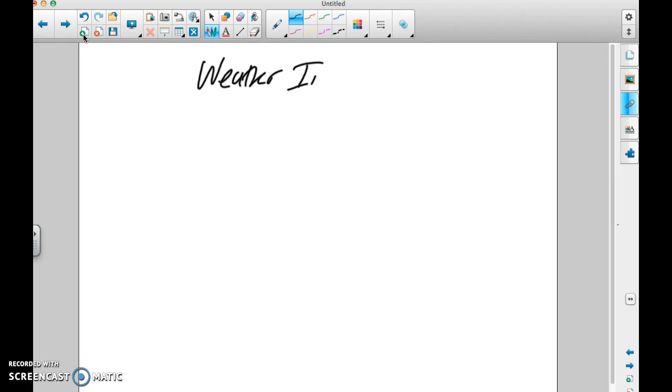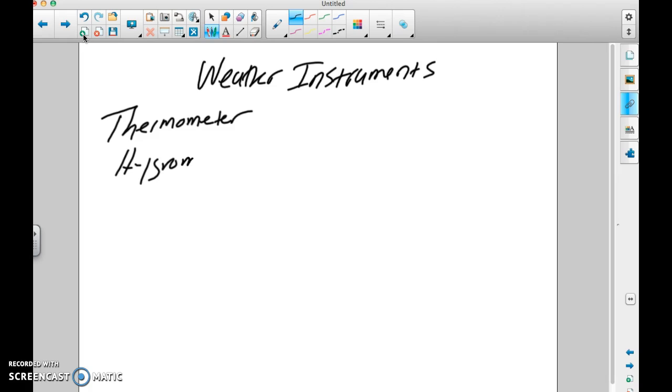The next thing that we want to look at is the weather instruments. You have a few weather instruments that you need to be looking at. You have thermometer, hygrometer, barometer.